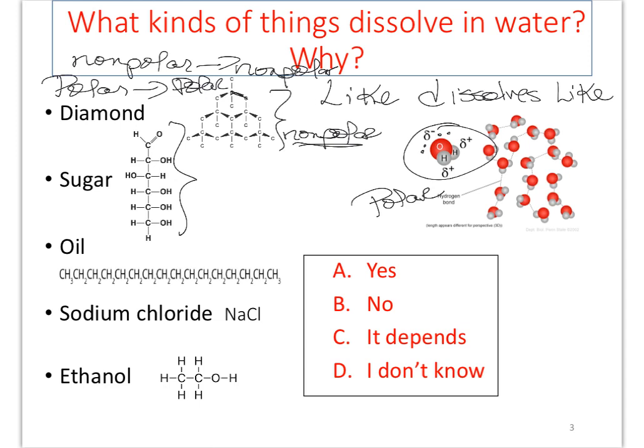Sugar, on the other hand, we know sugar dissolves in water. We do it all the time. So could you explain on a molecular level why sugar dissolves in water? Well, first of all, sugar has polar bonds. It's got a bunch of carbon-oxygen bonds. It's not perfectly symmetric.